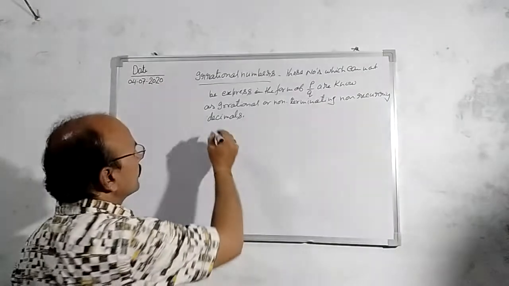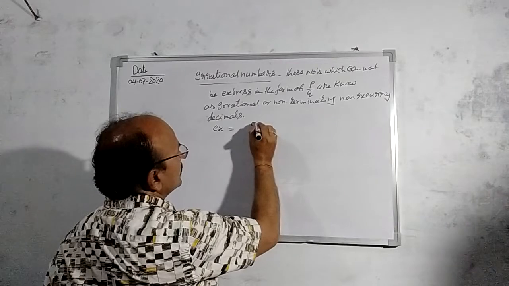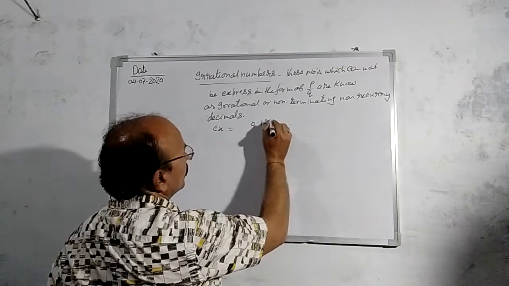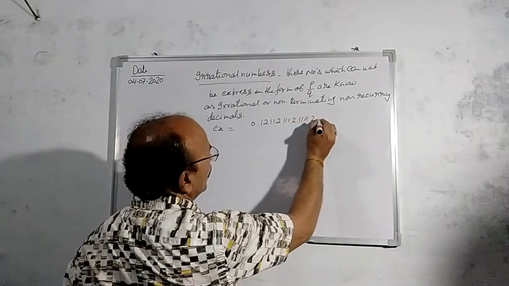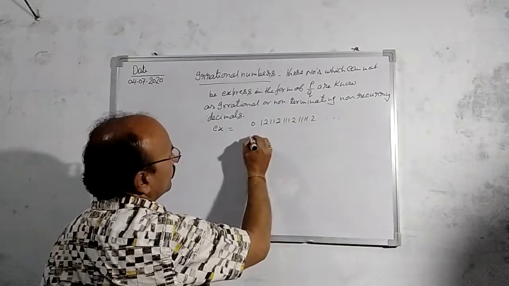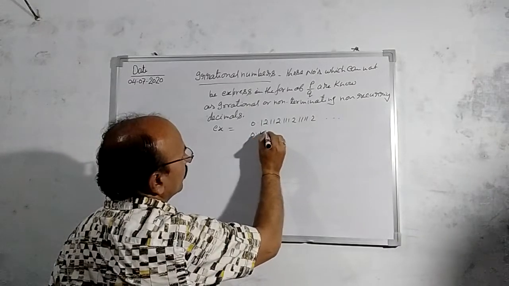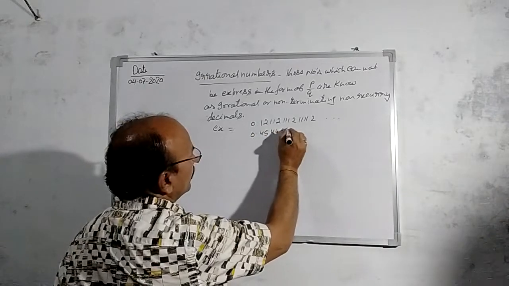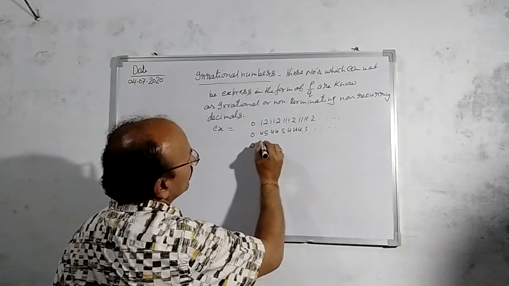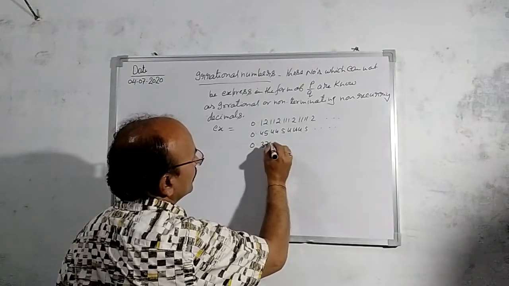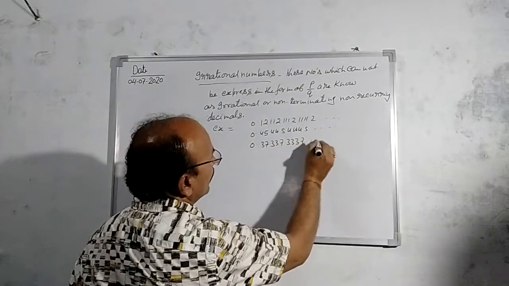For example, 0.121121121112 and so on. Another example, 0.45 445 445 and so on. 0.37 337 337 and so on.